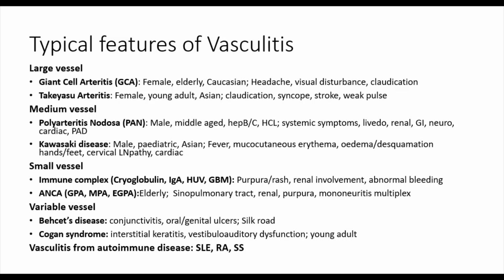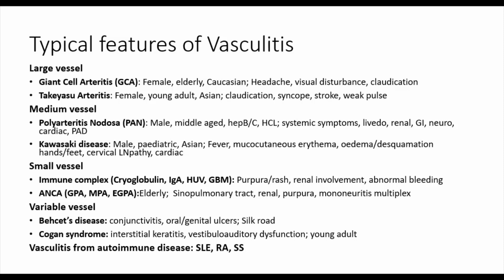It follows that ANCA can be a useful test in trying to clarify the diagnosis of an ANCA-associated vasculitis, but it's important to note that these ANCA-associated vasculitides present with typical clinical manifestations, and so an ANCA test should not be done if the patient does not have these manifestations.